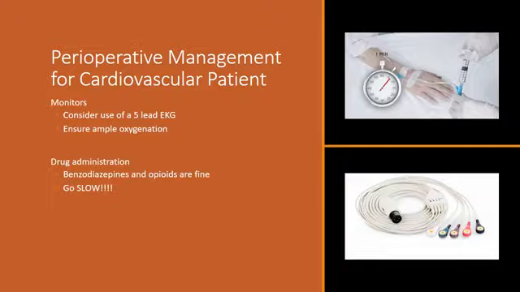But often by going slow and titrating in the medications at smaller increments and taking our time, we're able to really get to the level that we want with minimal risk of accidentally overdosing and stressing the patient.